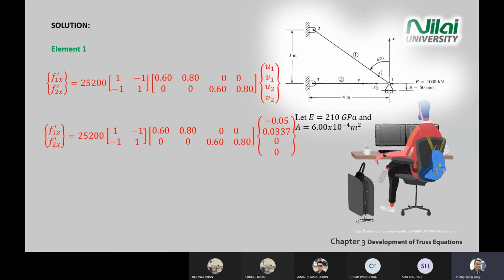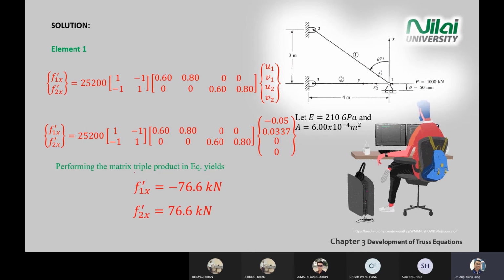U2, V2, 0. So you managed to solve using a triple multiplication of your matrix. From there, you managed to find F1x equal to this one, F2x equal to this one. So what does it mean if you have a negative sign? What does it mean if you have a positive sign?